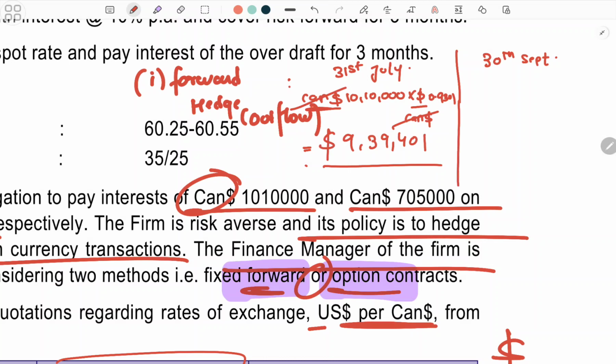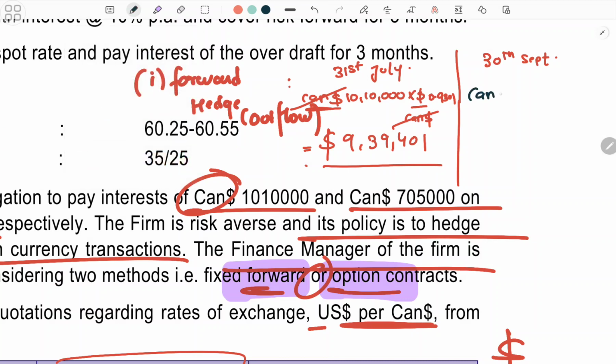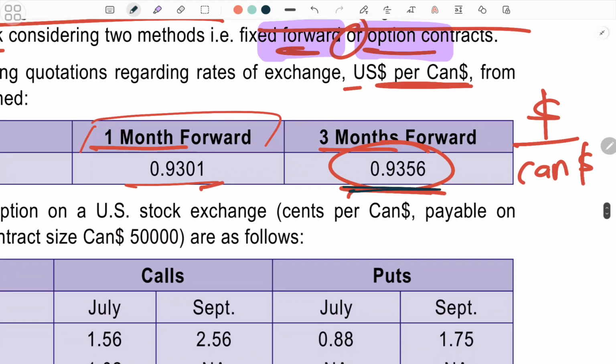Similarly, here also you do. Canadian dollar 7,05,000. Multiply this by the dollar by Canadian dollar quote, which is the 3 month forward quote given to me.